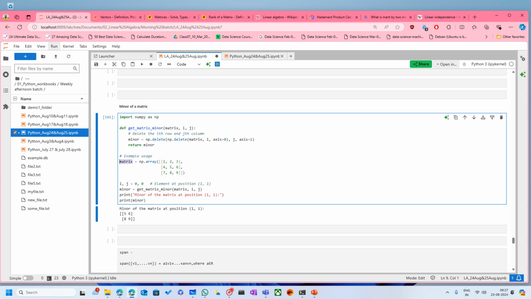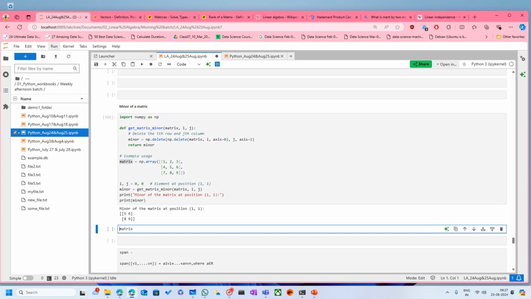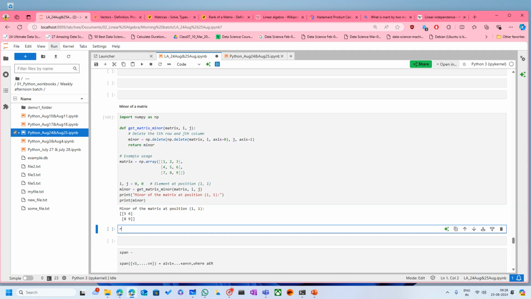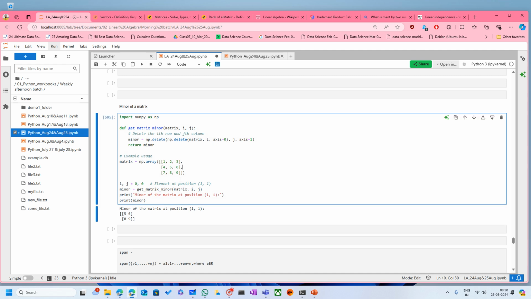If I just take this matrix, np dot, I need to check what method it is, but you can calculate the rank of a matrix directly. Rank underscore matrix we have, but I need to check where it is located in the numpy module.